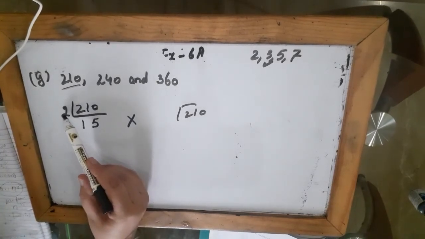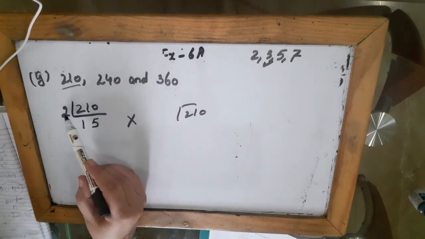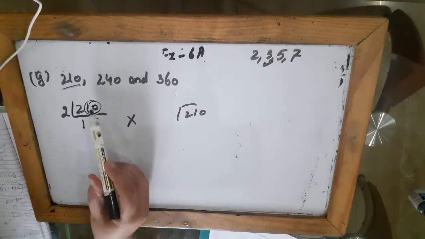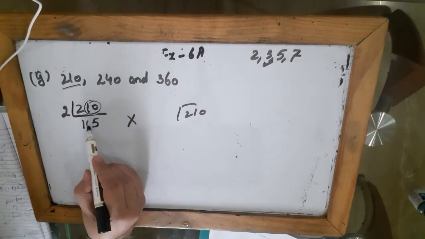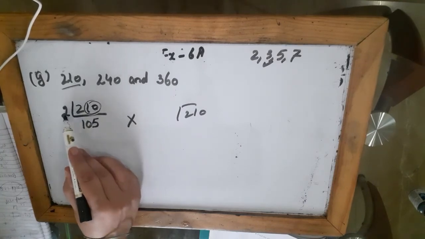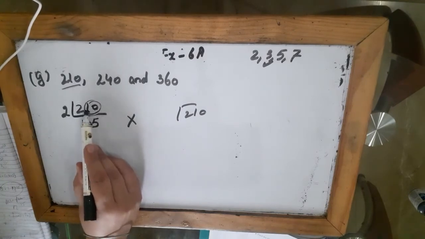Like, I have written 2 ones are 2, then next is the turn of 1. I cannot divide this 1 with 2 because it is smaller than 2, and I have to take 10 together. But first of all, I will write 0 in between because I cannot divide 1 by 2. So first I will put a 0, and then I will take 10 together. 2 fives are 10.